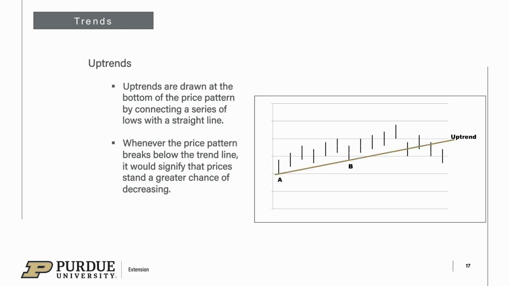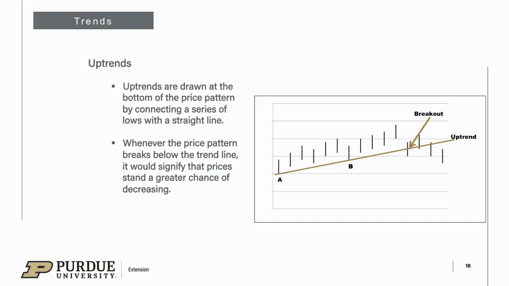In the chart that we have here, we have our uptrend line drawn in brown, and it's connecting at points A and B. If it was connected at points C and D too, then we would say that's a really valid trend. But even just connecting at A and B, it's still pretty valid. The prices then break from the trend and fall below it, signifying now that prices are starting to decrease and that we probably wish we would have sold when prices were higher.